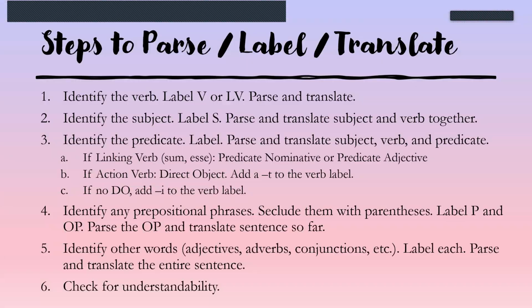All right, there is a lot in this one slide. I recognize that is true, but I also wanted to point you to all of these steps and everything that we're talking about in terms of the how-to are also available in your students' Canvas course. Under the class resources, in every class, 4th, 5th, 6th, 7th, and 8th, there is a how-to document for parse label translating, but there's also a how to decline and how to conjugate on there as well.